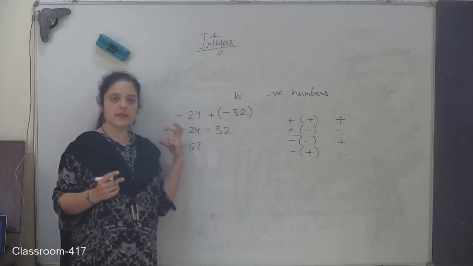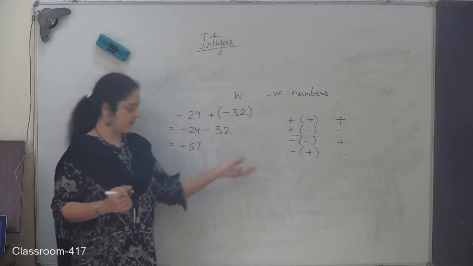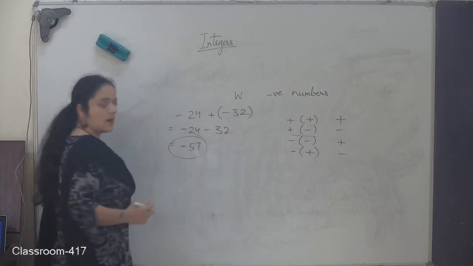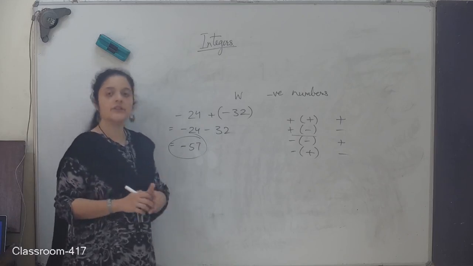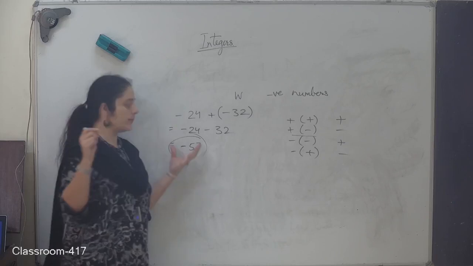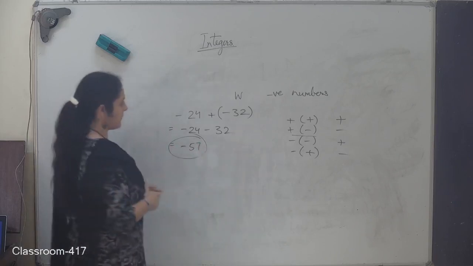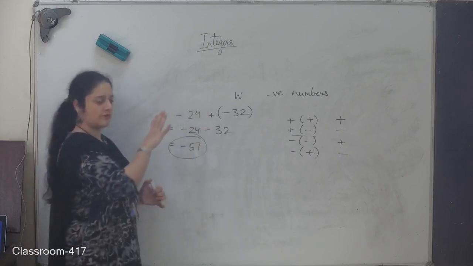When my numbers are negative and I'm adding them, I cannot have a positive answer. So my answer here becomes -57. This is what we already did in 6. But still, if there is the slightest doubt, please do practice this a lot because this is the base of 7. So this is how we used to solve.